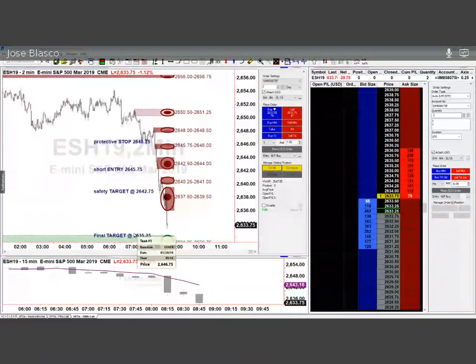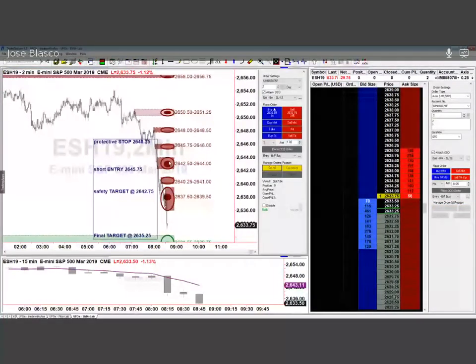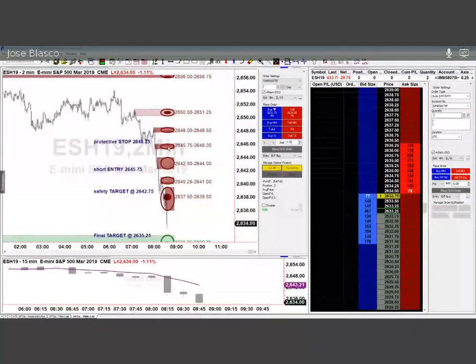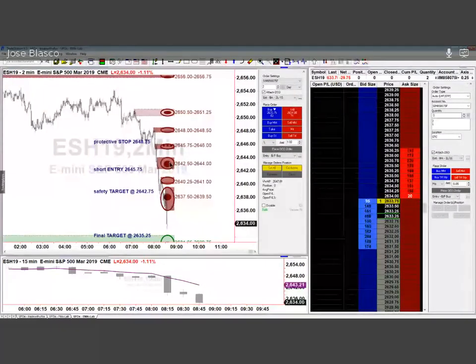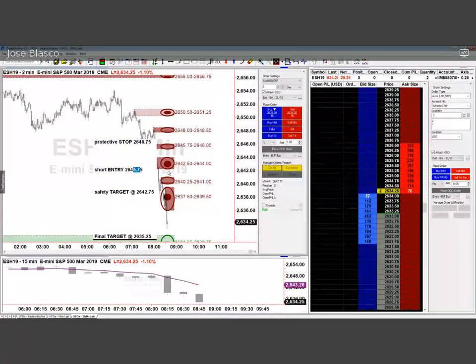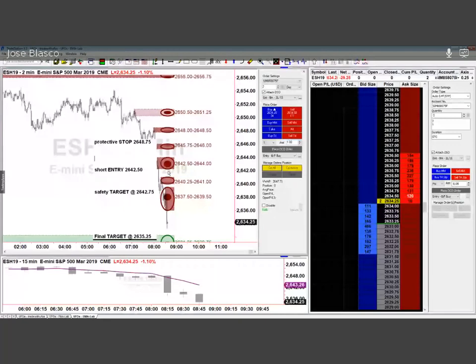Okay, so now I'm going to use those two UFOs for my entry. Okay, and I'm going to go ahead and do the same thing again. So 42.5, that would be my entry, and the stop is going to be 46.25.